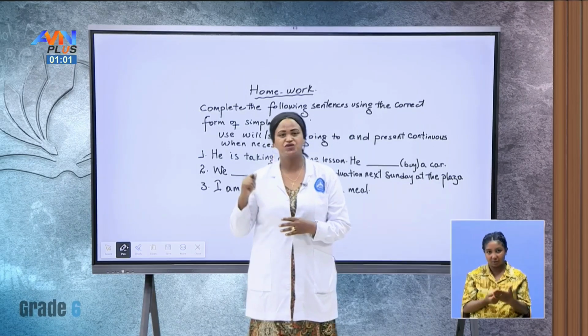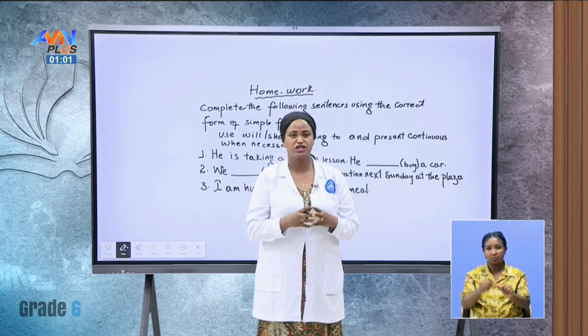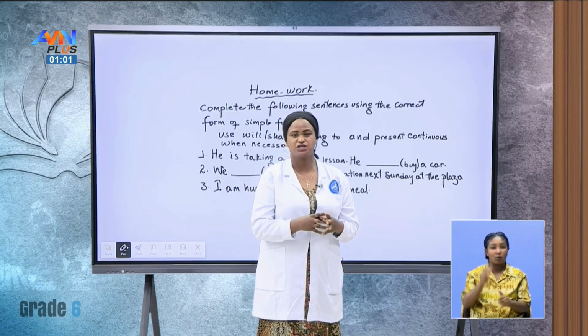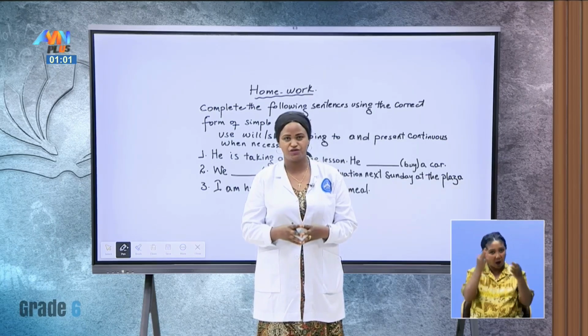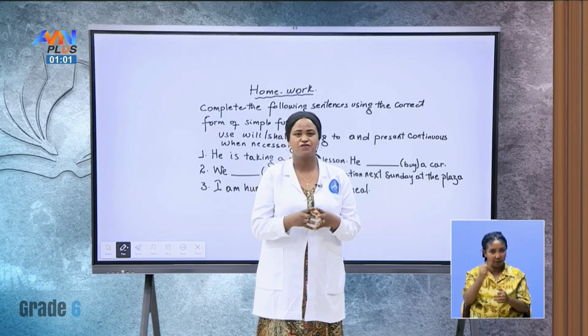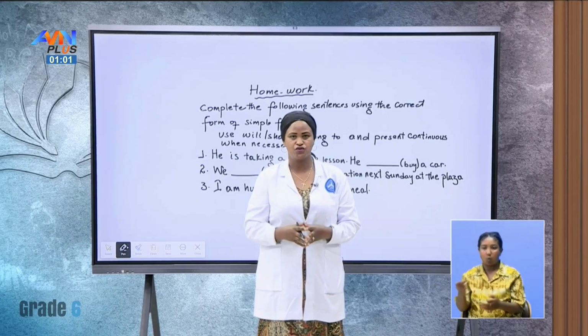When it comes to the third one, which is the present continuous, when we use present continuous for a future action, it is for an action which is arranged. Arranged means when it is fixed by time and place, or one of the two.